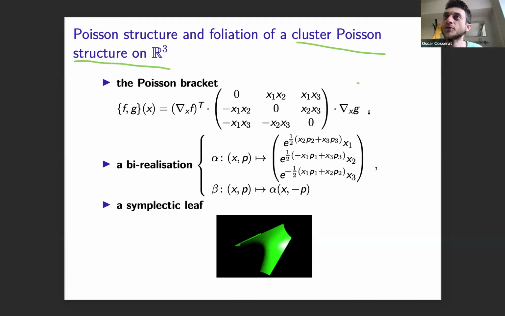I recall the Poisson bracket, which is indeed quadratic, so the components of the bivector are quadratic. This is a formula for the realization, so the maps alpha and beta. And here I pictured a symplectic leaf.